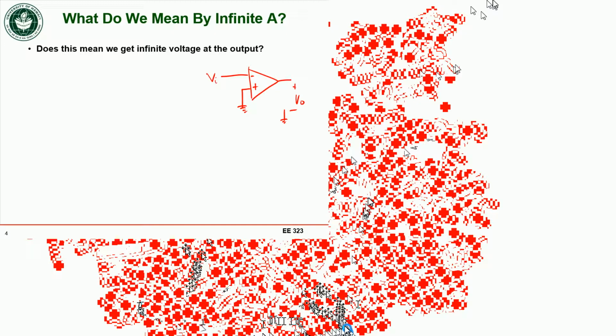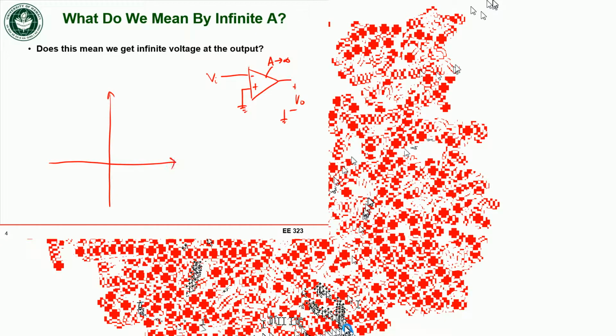Does my voltage become infinity at the output, because this gain goes to infinity? Let's look at the transfer characteristic.